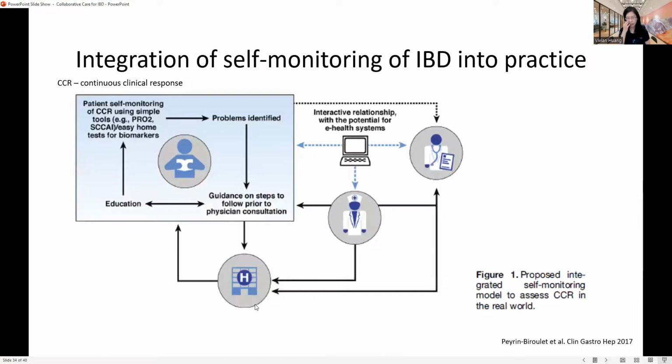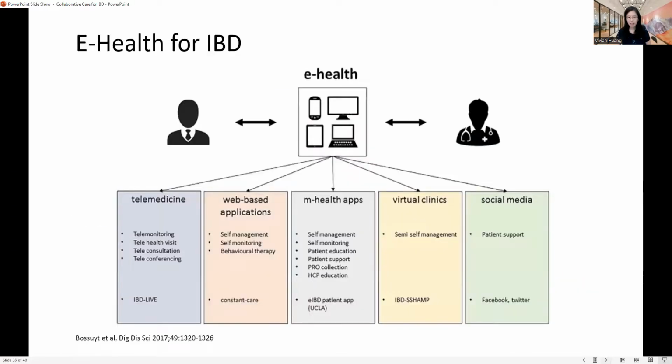Other things that can be done as well, in addition to these self-management plans, are actual monitoring with e-health and computer systems, implementing those patient symptom scores. So doing that kind of cycle. And I'll briefly talk about that because we are in a COVID for the last 2 years where we had to do a lot of e-health and virtual care.